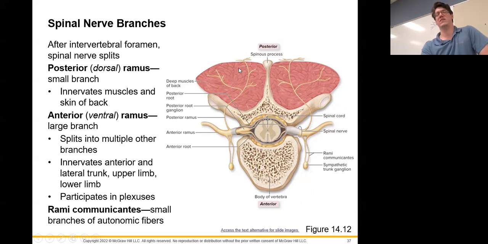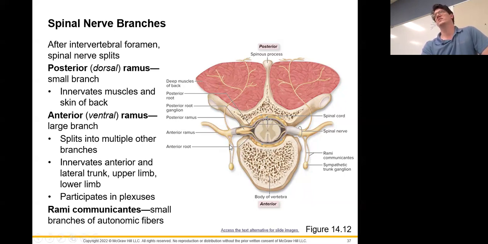So we have to get that information either out to those areas or from them. We're going to do that through these posterior rami. So if a bug lands right here, we can now sense it. We send that information back along this nerve, so we can get it back towards the spinal cord so that we know what's going on. Instead of having to wrap all the way around the body, we basically take a little shortcut and go past the ears of our little giraffes.